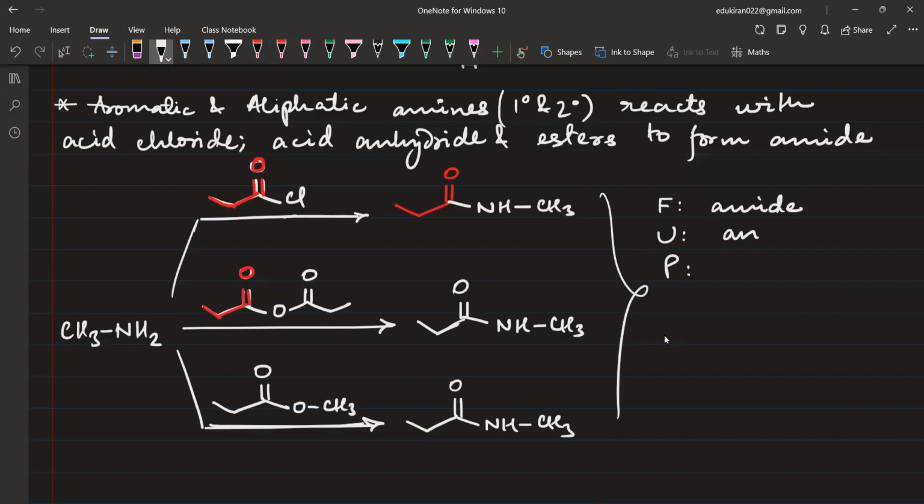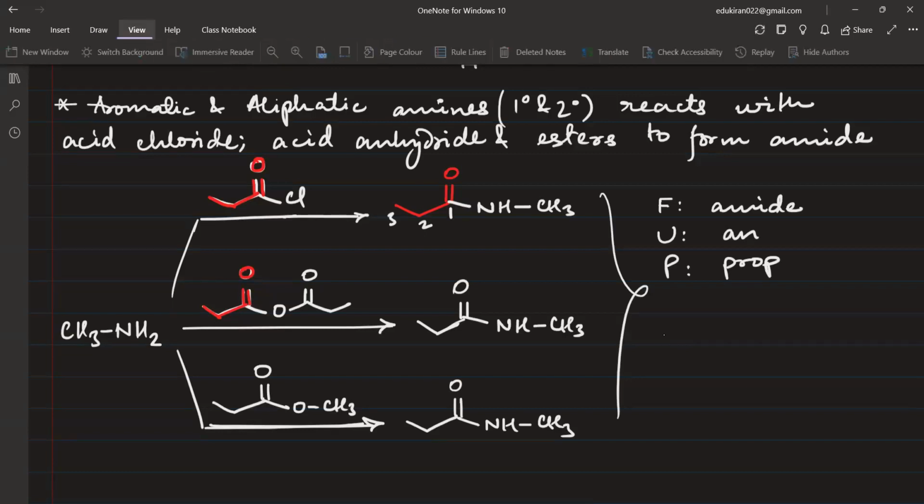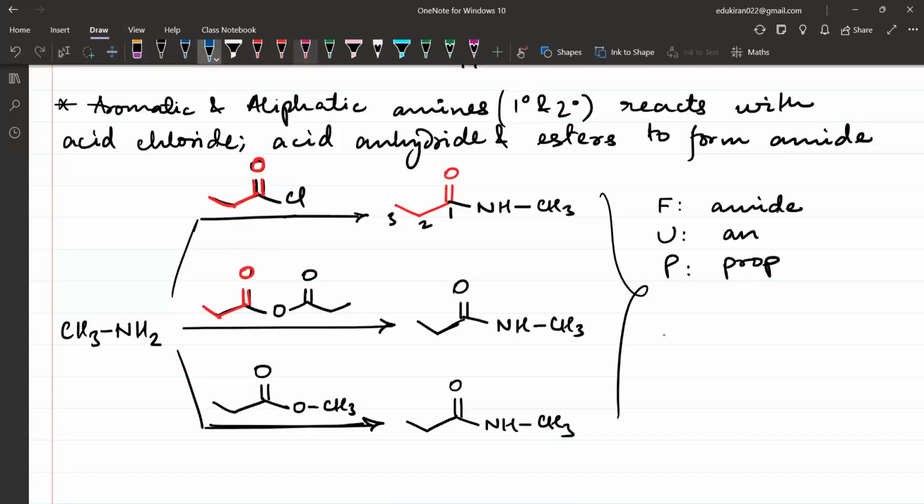So this carbon atom, see this 1 carbon, 2 carbon, and 3 carbon. So there it is, prop, starting from the carbonyl carbon. And if you look at the substituent, then you might say, fine, this NH is also a part of substituent, but not, because see this whole thing is a part of the functional group, and this whole thing is part of the parent carbon chain.